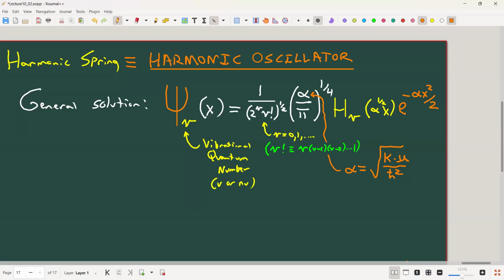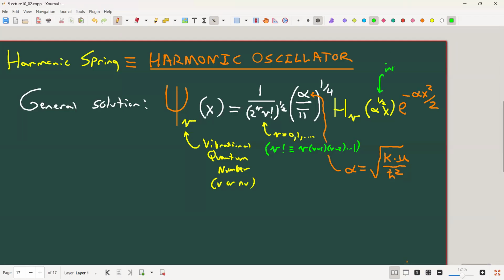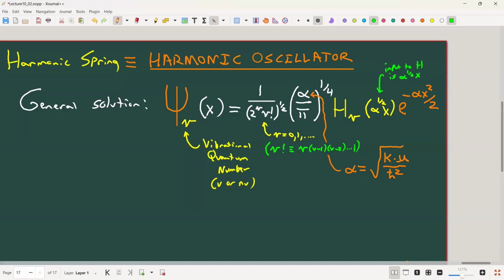And the last thing I want to write is that the input to H is alpha to the 1/2 times x. So the variable is alpha to the 1/2 x, not just x. All right, I'm just going to do a couple of examples. Let's just write some functions down.